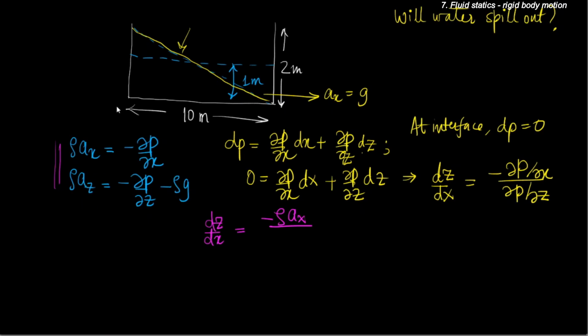We know that there is no acceleration of the container in the y direction and the z direction, and thus this term will be 0. The only body force acting on the mass of fluid is in the downwards direction, that is towards gravity. So del p del z is equal to minus rho times g.